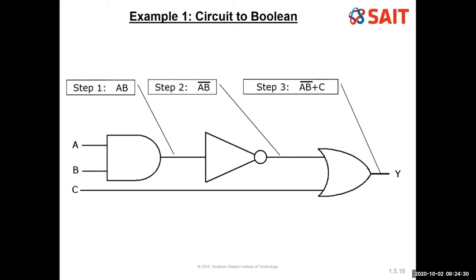What's the other input for that OR gate? I analyze my circuit, and I see it just comes from C. So I'm ORing C with the inverted AB. I have built my equation: Y equals not AB or C.